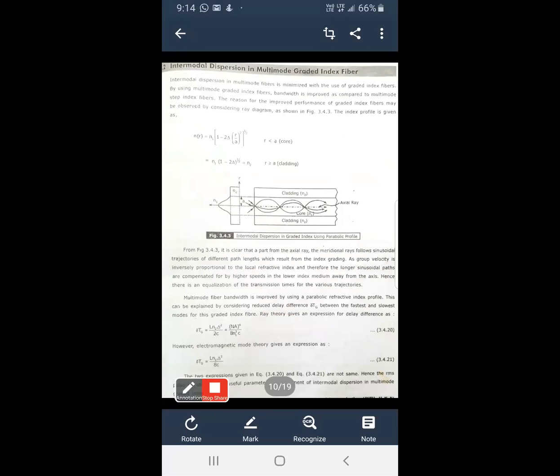However, it can also be written as tau delta squared by 8c. Whenever you consider the electromagnetic expression for the delay differences in the ray theory, the two expressions are not the same.